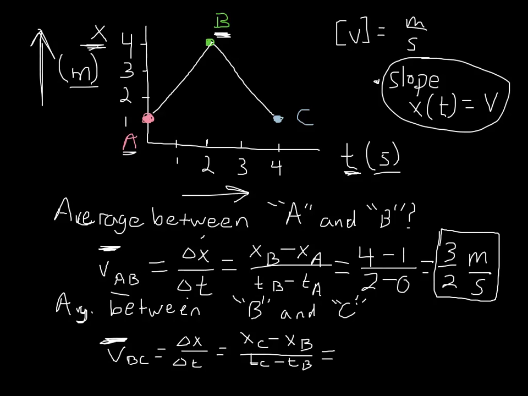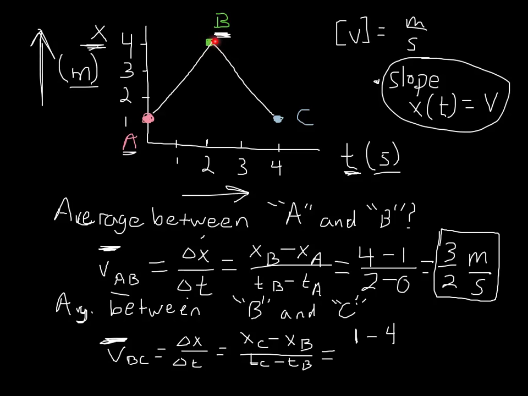I can plug in my numbers. My x position at C, I am at 1. I can see that if I go to my C, trace it over to where I am on my y-axis, I am at the position x equal to 1. Minus x at B. x at B, if I remember from before, is 4, or I can see it straight on this graph.